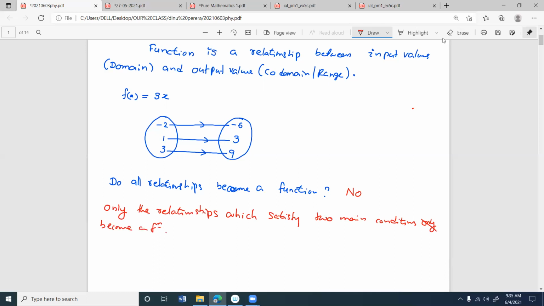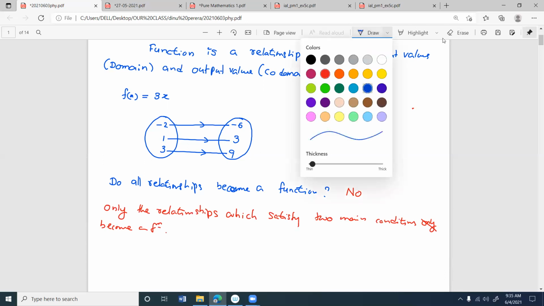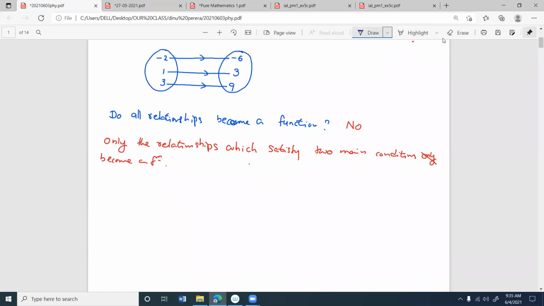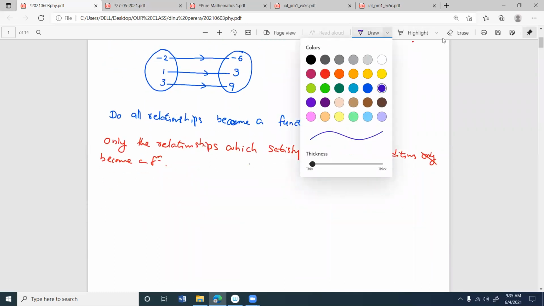Now let's see what properties a relationship should satisfy to become a function. What are they?